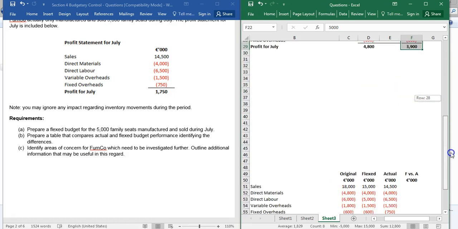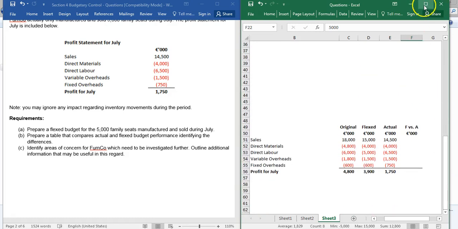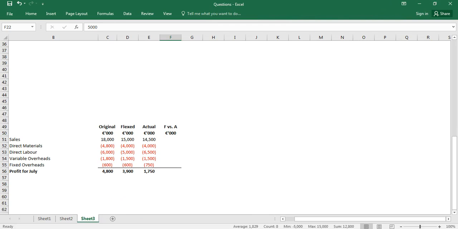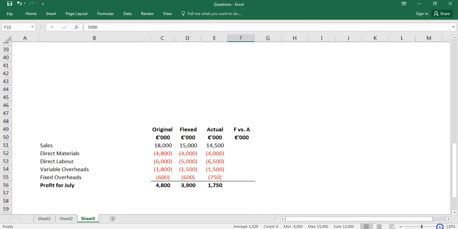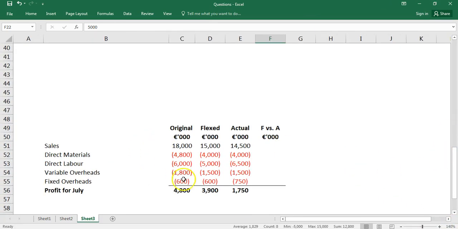So if we go down and look at the comparison of each, so just open up this a bit bigger. So what we're looking at here is we have the original, which was 4,800. This is based on 6,000 units. The flex budget then is based on 5,000, and of course the actual is based on 5,000. So what we're looking at then is to compare.